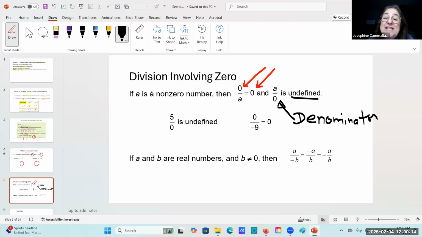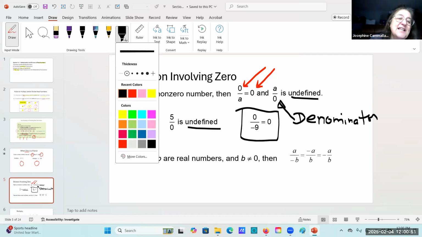Or you can't give me a slice of cake if you don't have a cake baked. Now, notice the word is undefined, not impossible. You cannot use the word impossible. Mathematically, it's undefined. 5 with the denominator of 0 is undefined. But again, 0 is the numerator. It's not a negative 0, it's just 0.